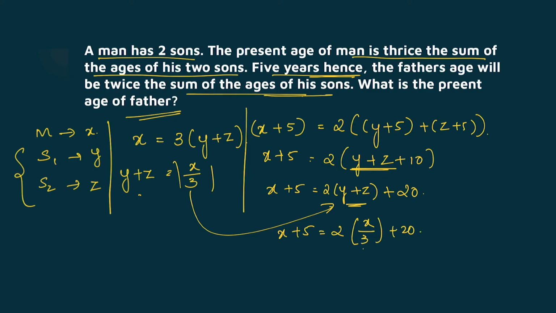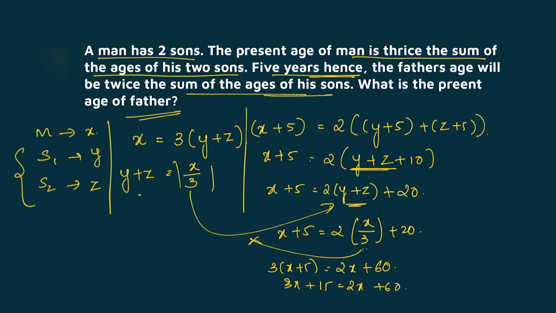I am going to make 3 the common denominator for the whole equation, and multiply by 3 on the left hand side. So, 3 into x plus 5 is equal to 2x plus 60. Solve for x now. 3x plus 15 is equal to 2x plus 60.